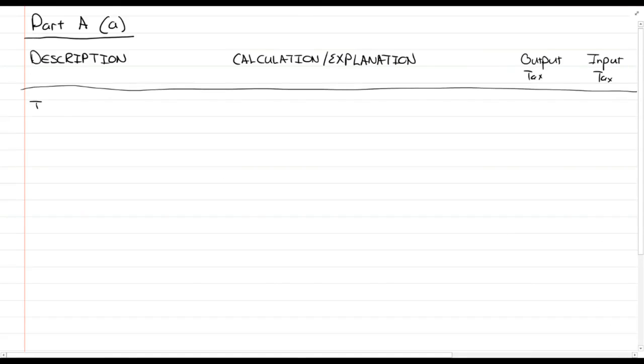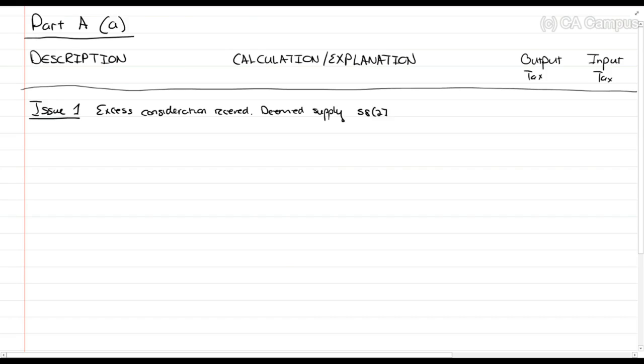So, issue 1, excess consideration received, and it's a deemed supply per section 8(27). So 210,000 minus 189, was it?